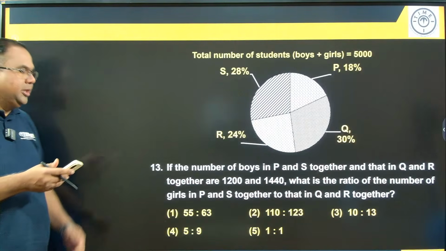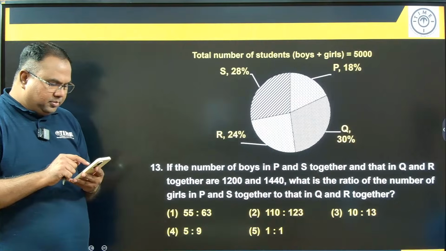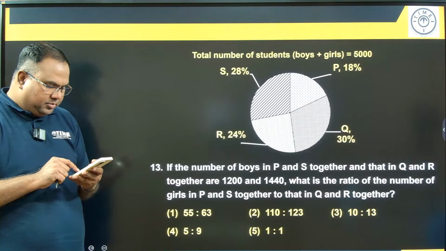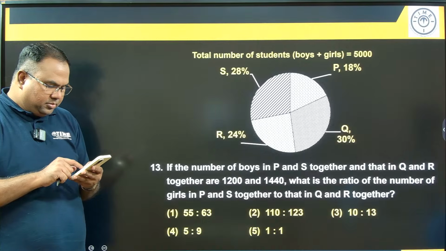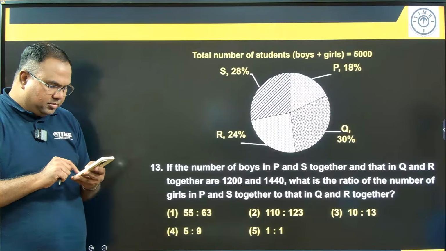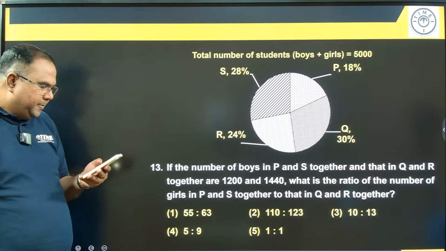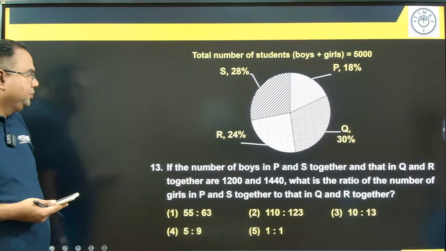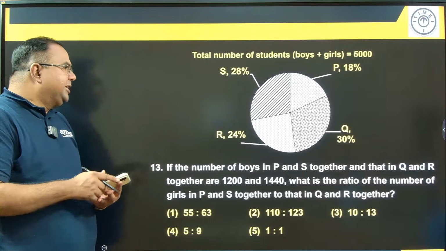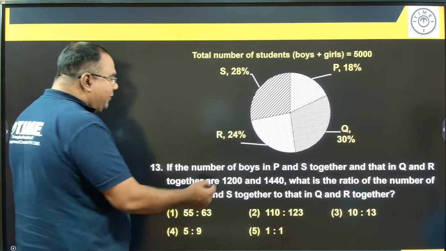Okay, try the 13th question. The number of boys in P and S together and in Q and R together is 1200 and 1440.